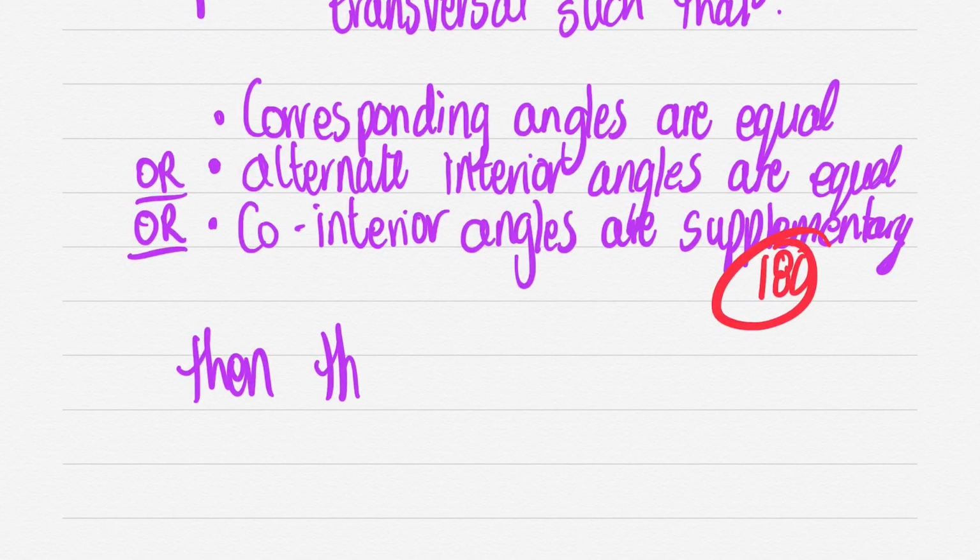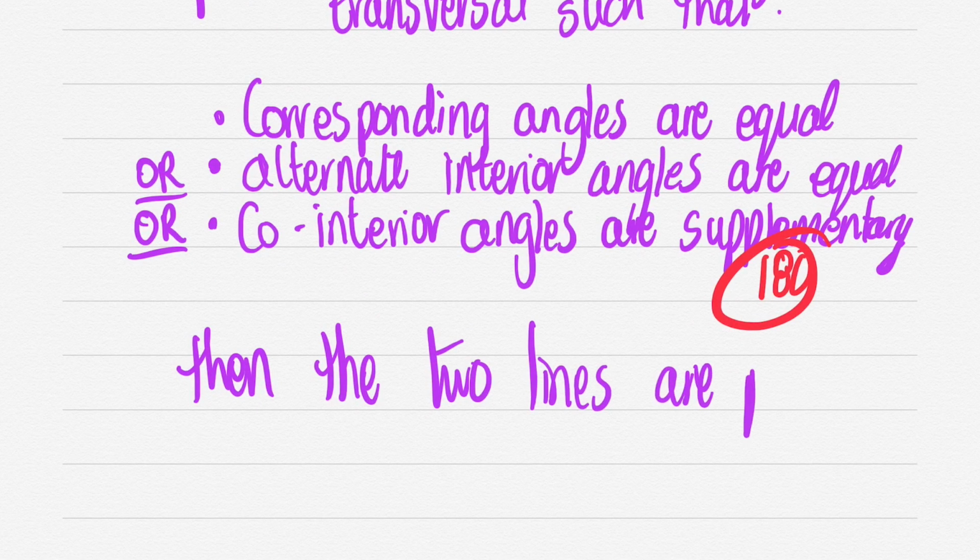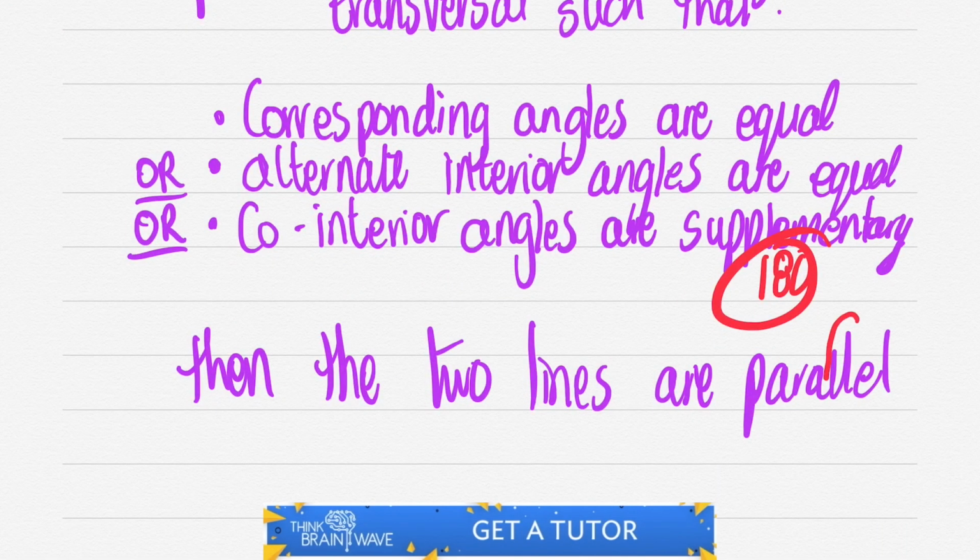Now, if we meet any of these rules, then those 2 lines are parallel. Look at that, how you've got the 2 L's. That's where we actually get the short sign of the L and the L together. So take note of that.